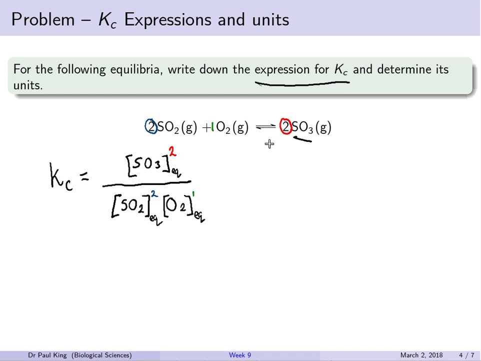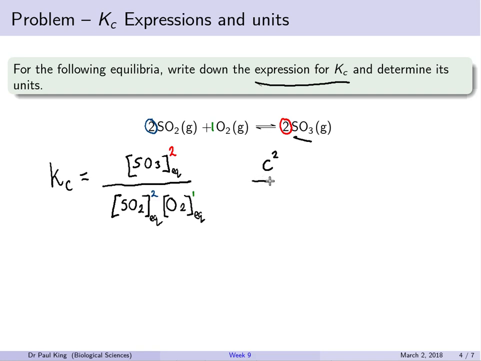Now there are a number of ways you can go about doing this. The way that I find the simplest is the following. If we look at this expression, on the top we have a concentration squared. In this case it happens to be the concentration of SO3, but whatever it is, it's squared.